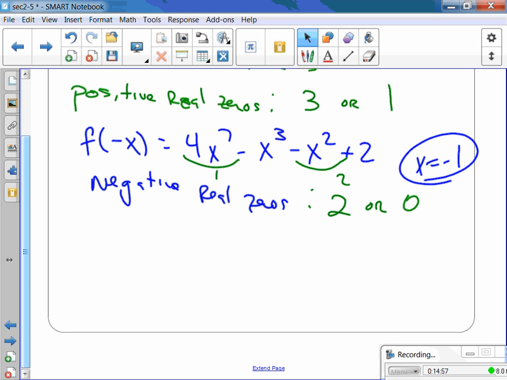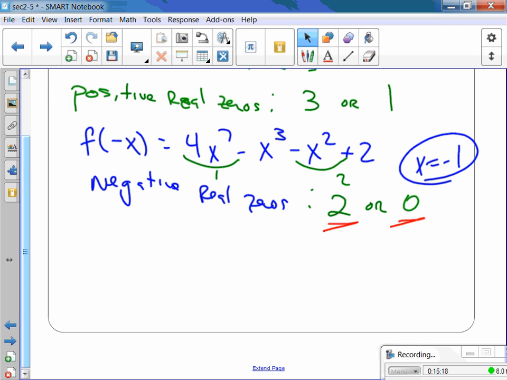Absolutely. My only two choices are that I'm either going to have 2 negative real zeros or 0 negative real zeros. Well, if they already gave me one of them, I know that there is a total of 2, so I know there's one more. This is where this comes in helpful.